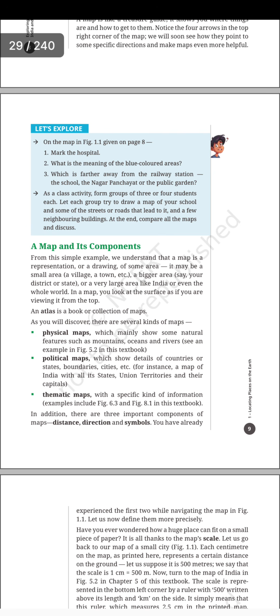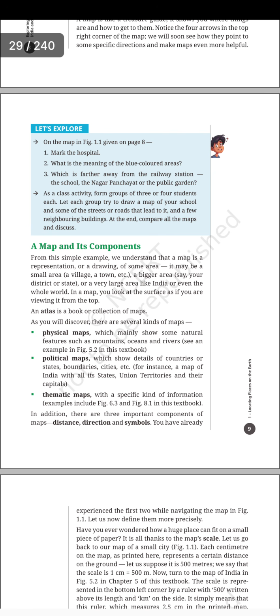A physical map mainly shows natural features like rivers, oceans, lakes, mountains, plateaus, and hills. Physical maps show all of that.